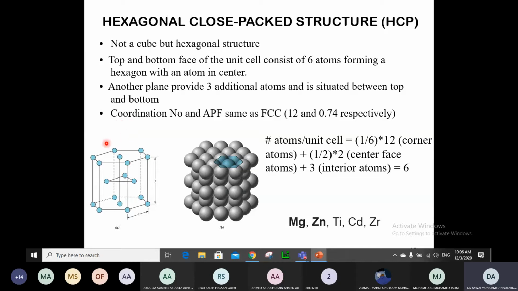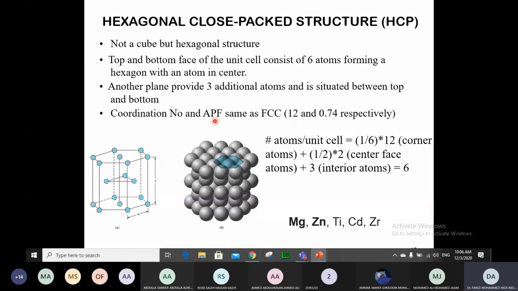Therefore, there are another 3 atoms there. These 3 atoms are also touching this atom. So how many atoms do we have? We have 3 atoms here, 6 atoms here touching this atom, and 3 atoms from the top also touching this atom. 3 plus 6 plus 3 total will become how much? It will become 12.